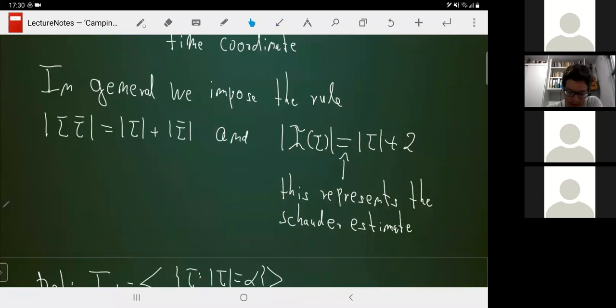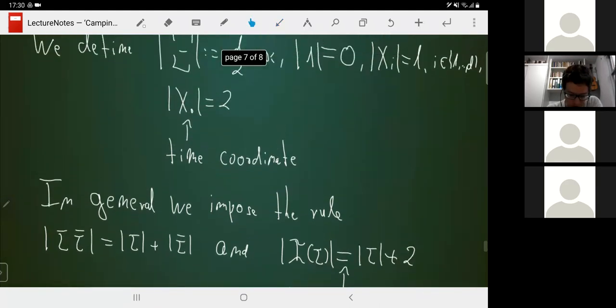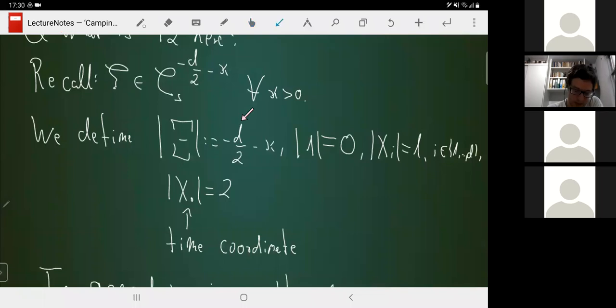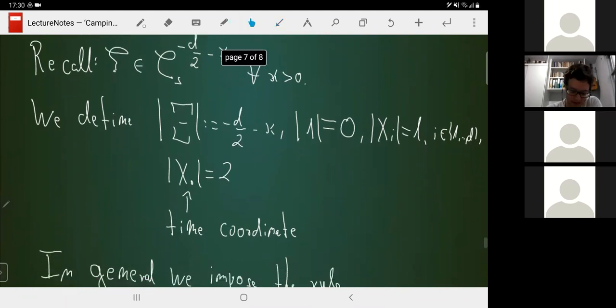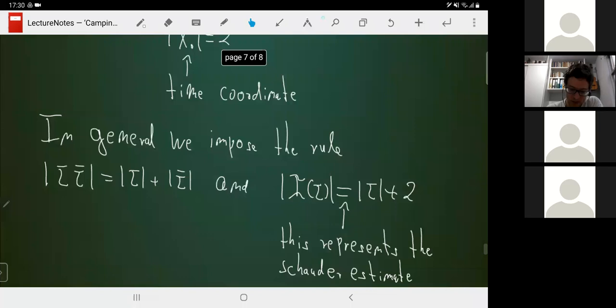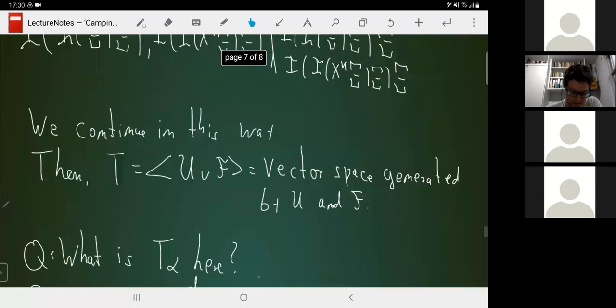For instance, if you think of dimension 3, this would be -1/2. Let's ignore the kappa. This would be -3/2. I of psi, since we add 2, should have order +1/2, positive order.